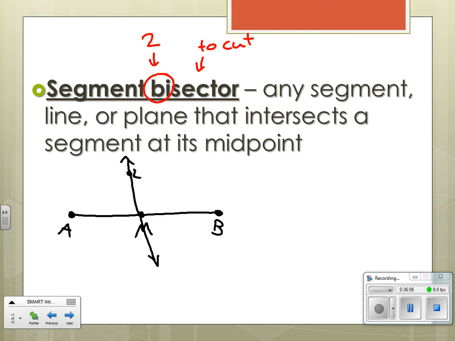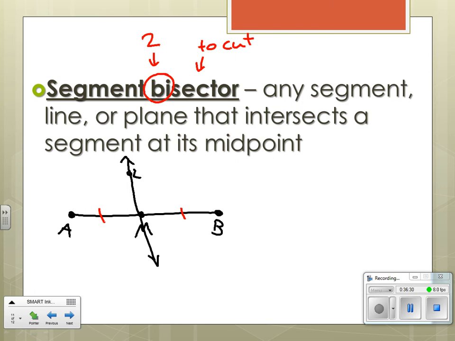Put that one there. So I've got LM going through segment AB. So it's a segment bisector. The way that we show that segments are equal, we just put dashes like that. So when you see those dashes, that tells you this piece equals this piece.